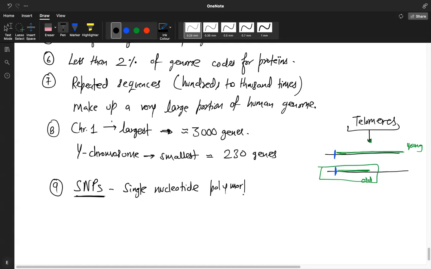Yes. Polymorphism. So it has been found after the Human Genome Project that there are around 1.4 million locations in the human genome. 1.4 million locations in 3 billion base pairs is not much, right? It is very less. But still, there are 1.4 million locations where a single base DNA difference occurs.